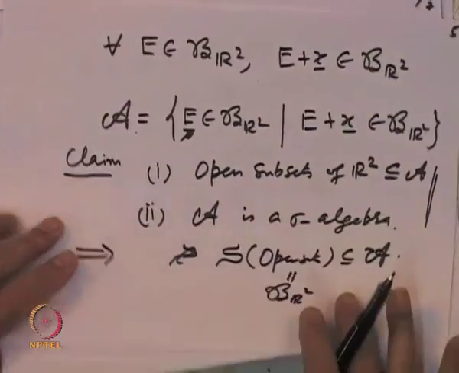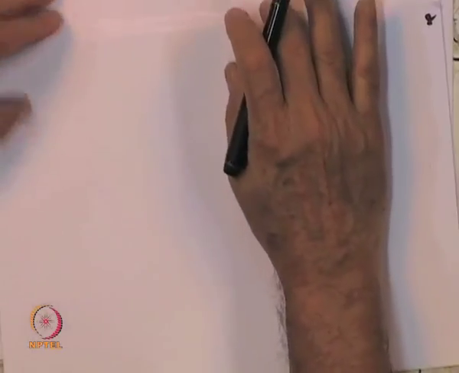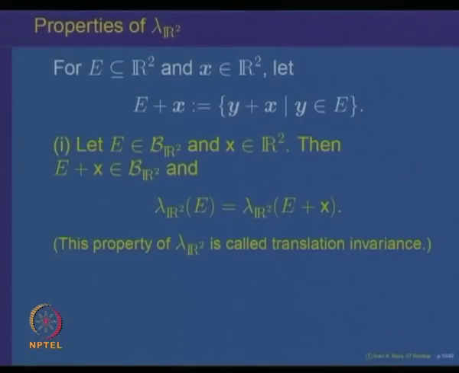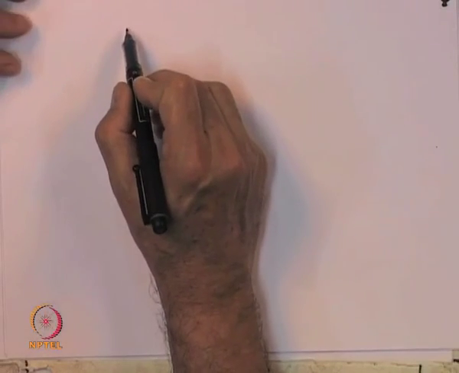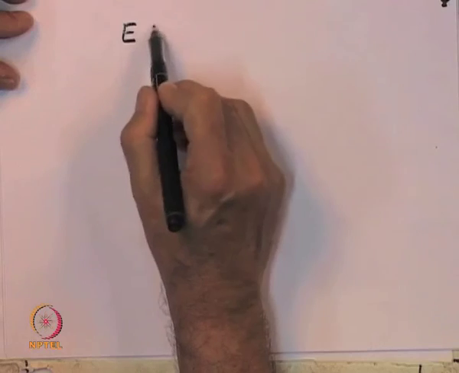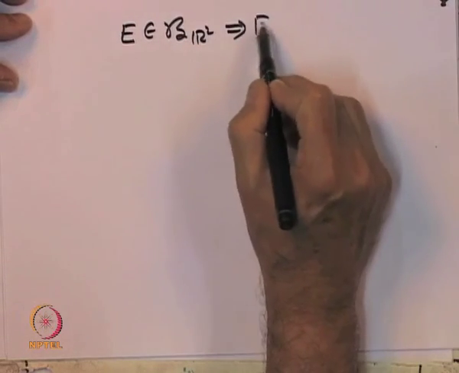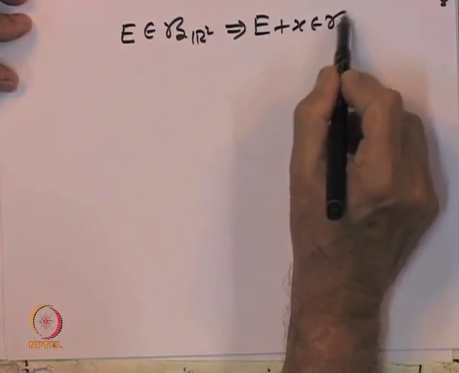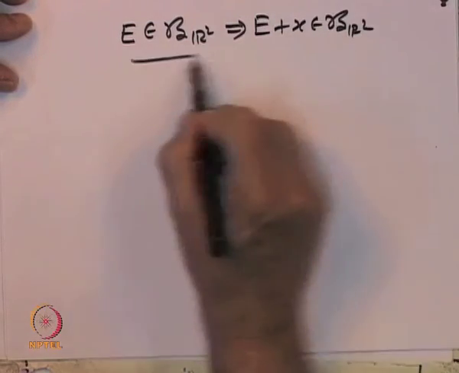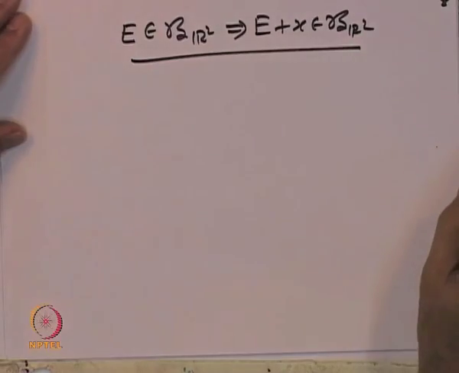This is the sigma algebra technique I have been mentioning, and it implies that whenever E belongs to B R 2, E plus x belongs to B R 2. That is what we have proved.